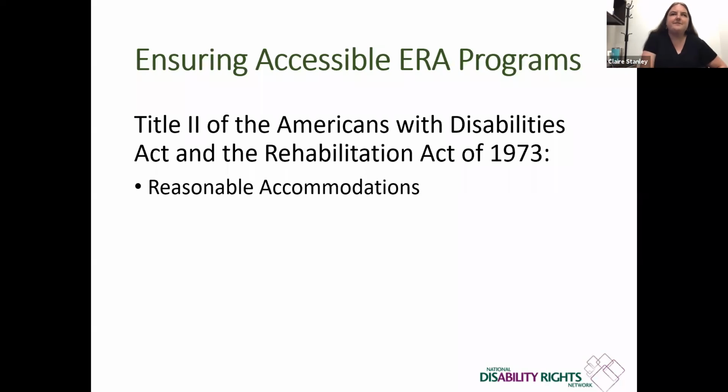So for instance, I reached out to one of the protection and advocacy offices in California. So shout out to Californians. And one of the attorneys told me they did their own little informal investigation to see what some of the access issues were for their county and state programs. They said things like the websites weren't accessible. So people who are blind or visually impaired couldn't access the materials online to, one, learn about the programs, and two, to apply for the programs.